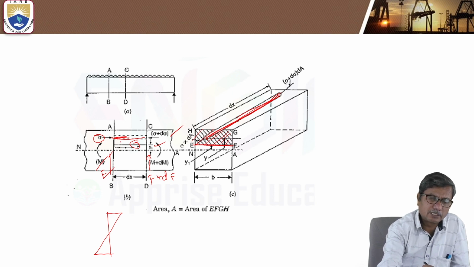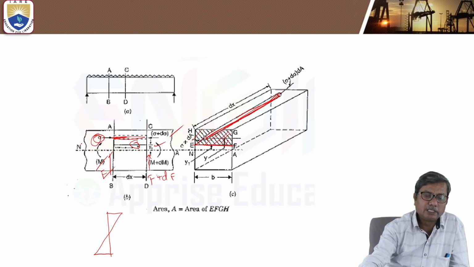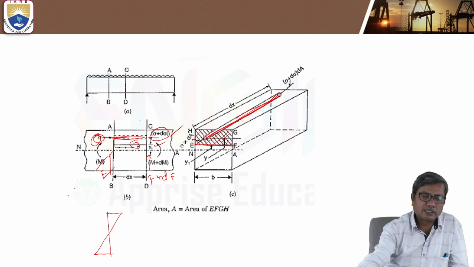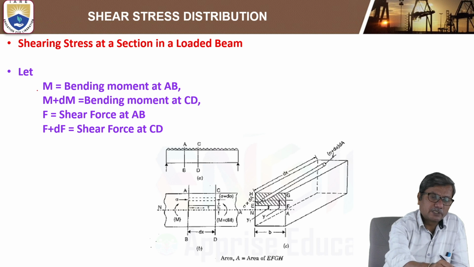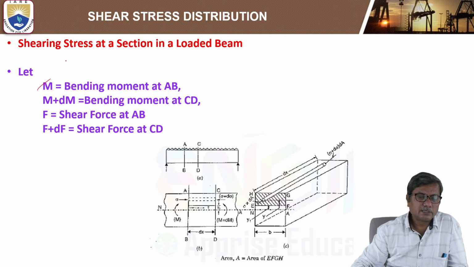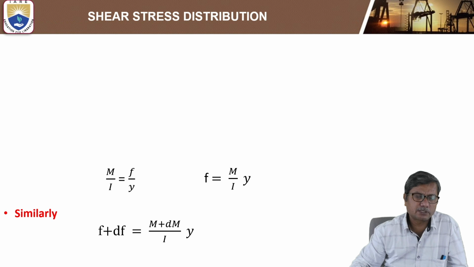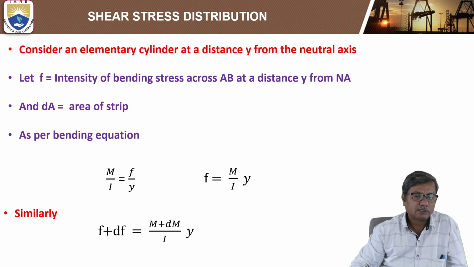That means at the left end of the elementary cylinder, the bending stress is sigma, and the bending stress on the right end is sigma plus d sigma, say. Here M is the bending moment at AB, and M plus dM is the bending moment at CD. F is the shear force at AB, and F plus dF is the shear force at CD.